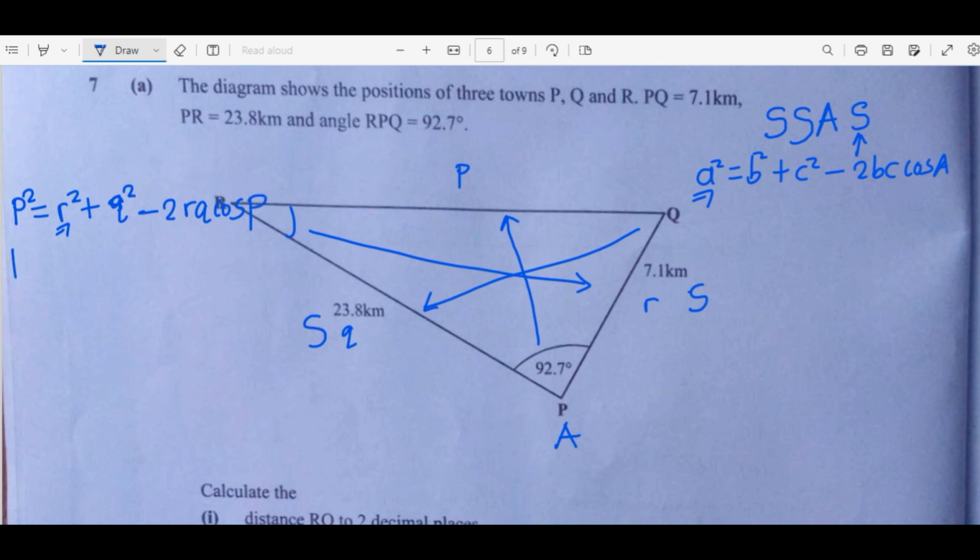So we can now proceed. p squared is equal to, the distance for r is 7.1 kilometers squared plus, for q, 23.8 kilometers squared minus 2 times 7.1 times 23.8, then cos 92.7.